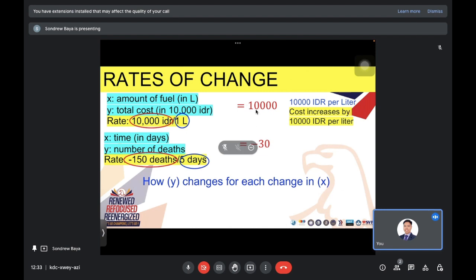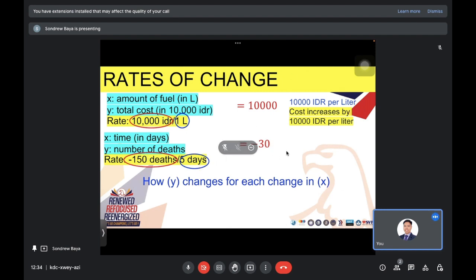Okay? Now, for the second one, this negative 30 can be interpreted as, by the way, you might be asking, why is this negative 30? Now, this is negative 150, that's per 5 days, but since this is just a ratio or a fraction, we can actually simplify it further by dividing negative 150 by 5 to make it a lot easier to understand. So negative 150 divided by 5 gives you negative 30.